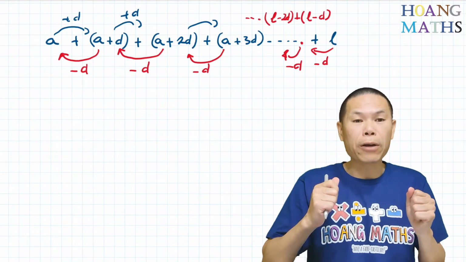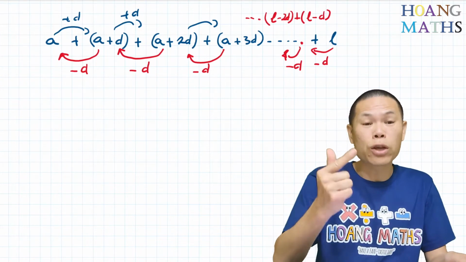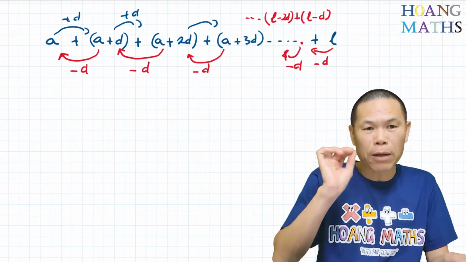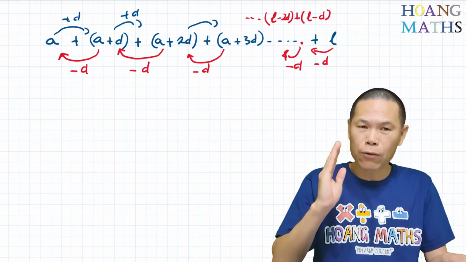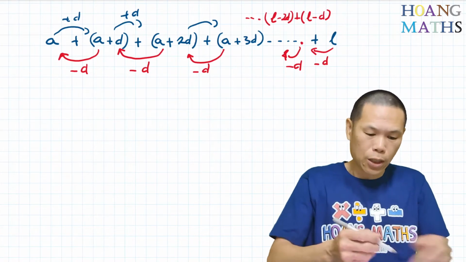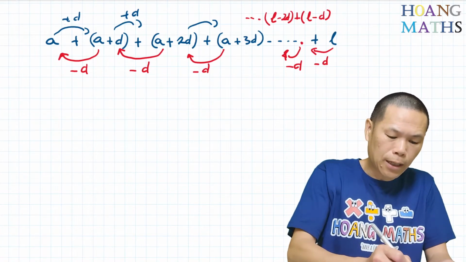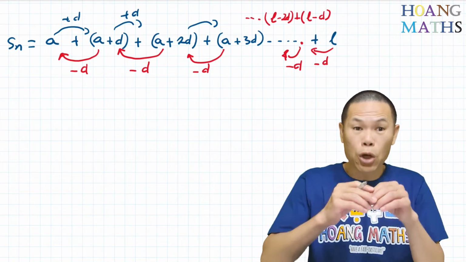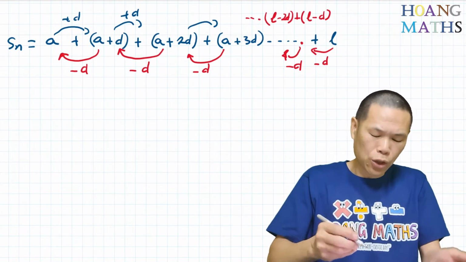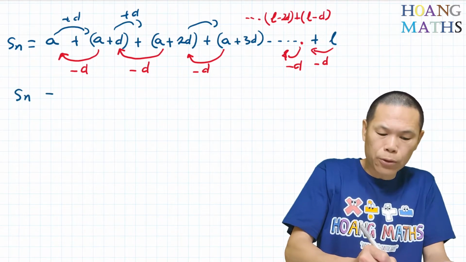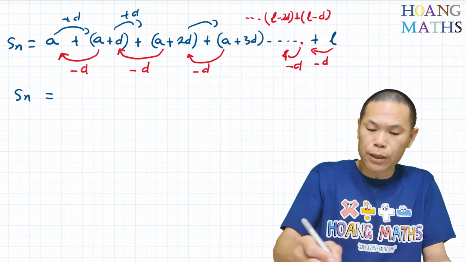Now, if you think about it, 2 plus 3 plus 4 is exactly the same as 4 plus 3 plus 2, right? So I can write the sum of this sequence in reversing order. Let's say this is the sum of n, because the sum of n terms, because we don't know how many terms there are. So now Sn is equal to, I rewrite in reversing order.